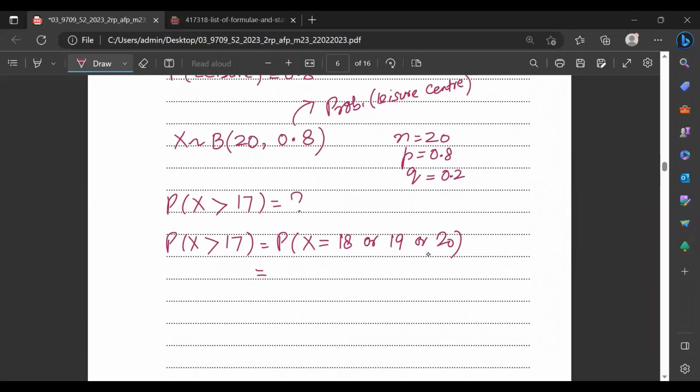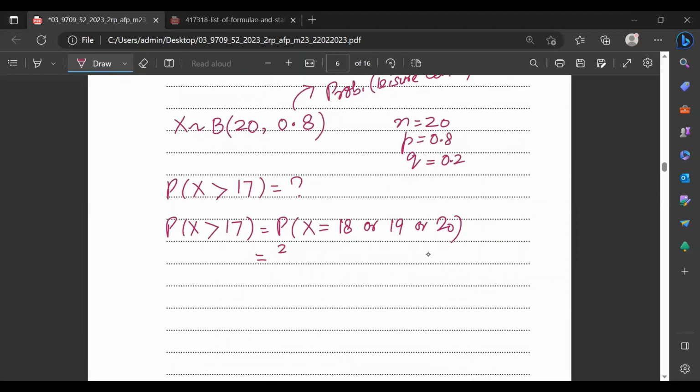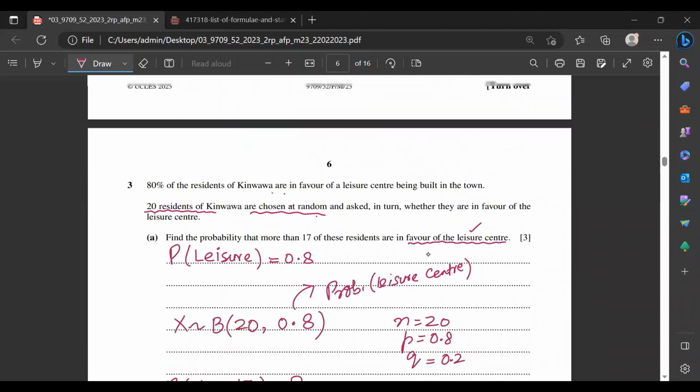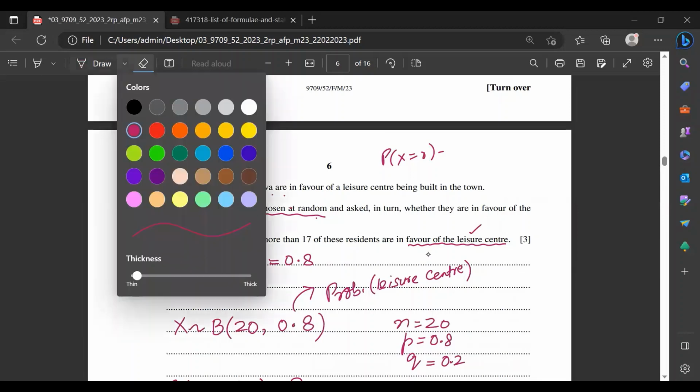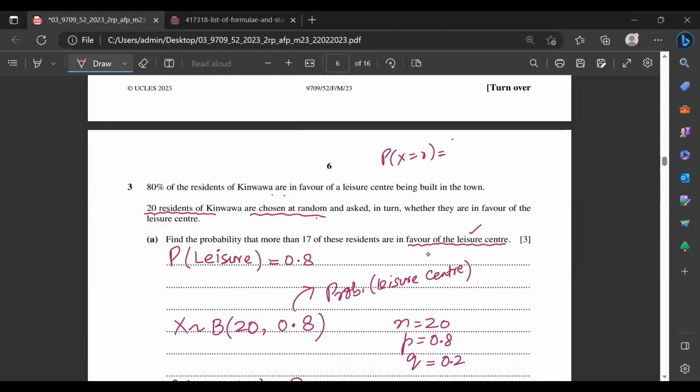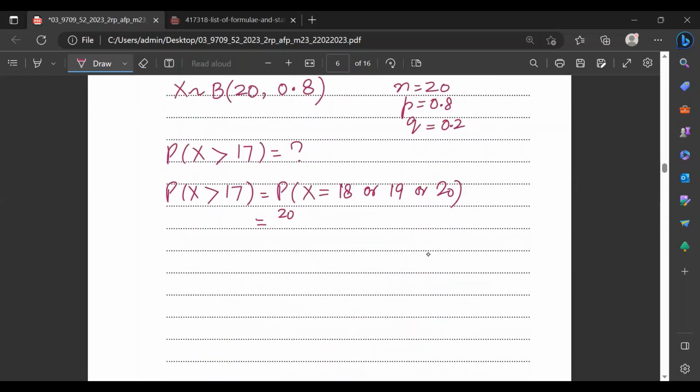So you recall the formula for the binomial: probability of X equals R is nCr P^R Q^(n minus R). So here 20C18 P^R. P is 0.8.